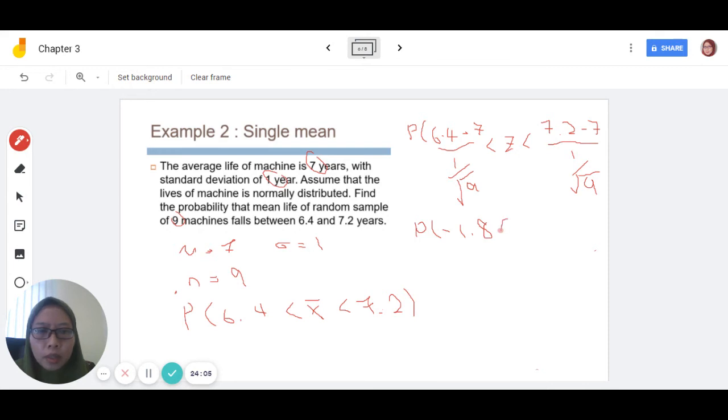And then just follow the notation previously. This is 7.2 minus 7 divided by 1 over square root of 9.